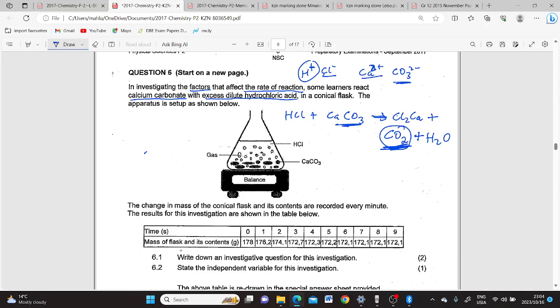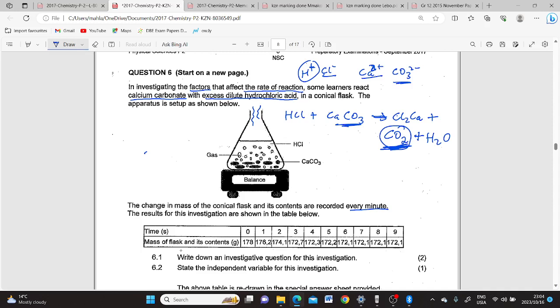Right, they're saying the change in mass of the conical flask and its contents are recorded every minute. So there will be change in mass. Why is there change in mass? Because the gas will be escaping in this part. The results for this investigation are shown in the table below.